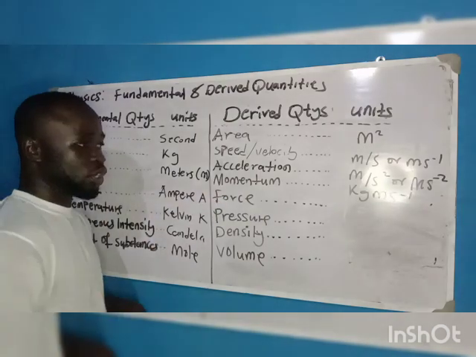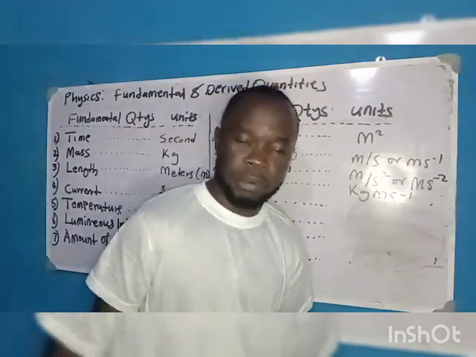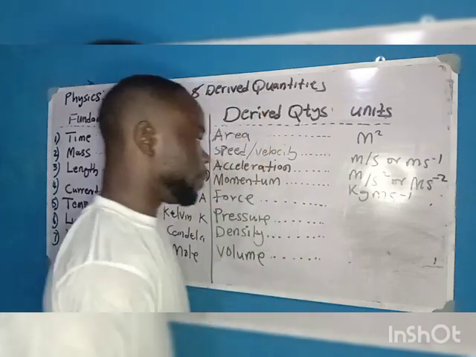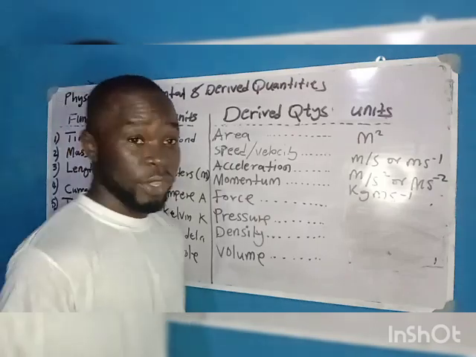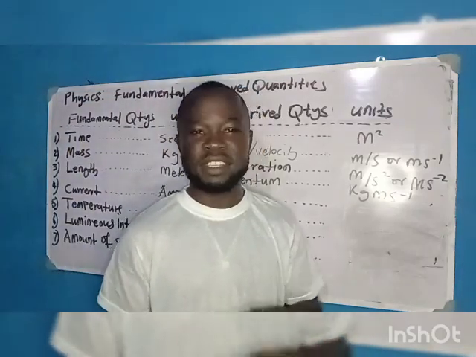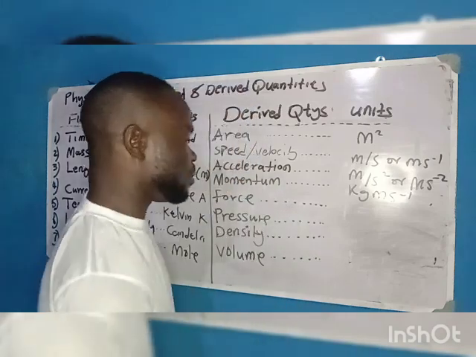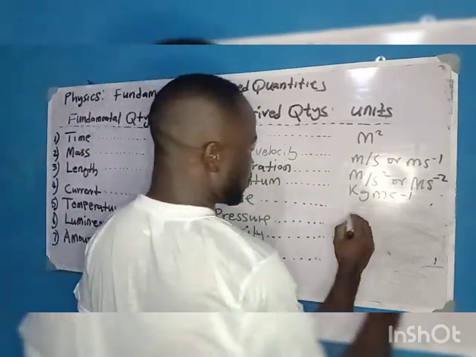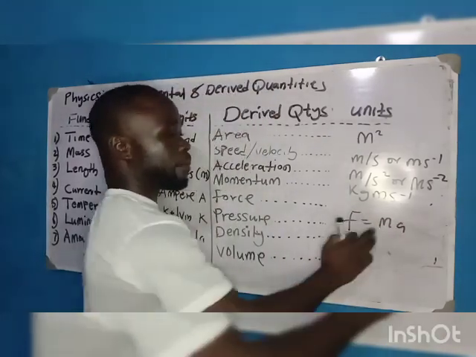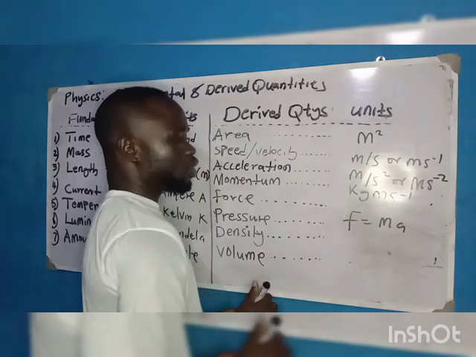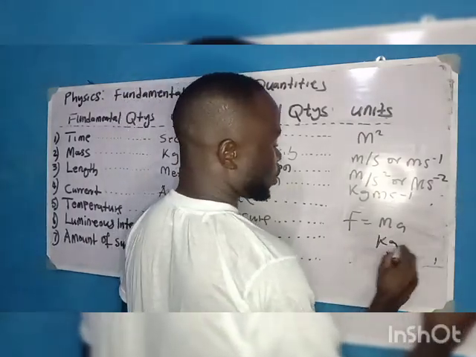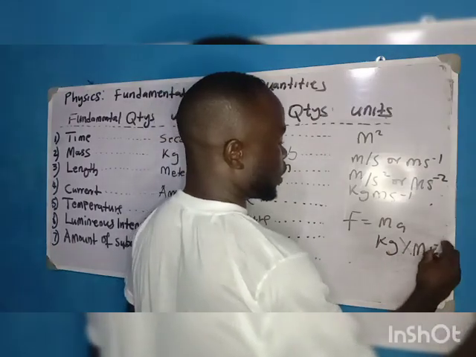The next is force. Force from Newton's second law is defined as the product of mass and acceleration. Those of you in SS1 who are just coming may not understand that yet, but as we proceed in physics, you will know about it very soon. But our big guys know that Newton said from his second law that force is equal to ma, the product of mass and acceleration. To find the unit of force, the unit of mass is kg, multiplied by acceleration, which is meter per second square.